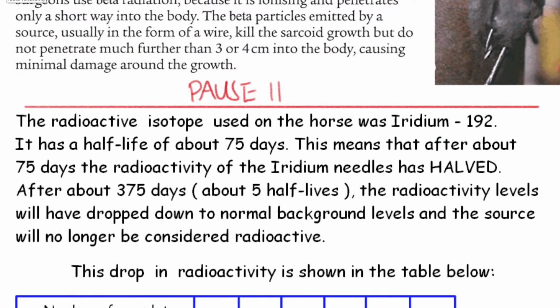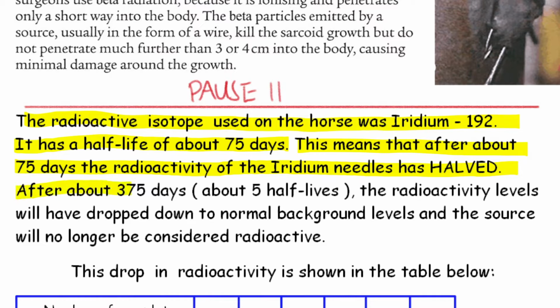Okay, I'm going to take it from below that red line. The radioactive isotope used on the horse was iridium-192. It has a half-life of about 75 days. This means that after about 75 days, the radioactivity of the iridium needles have halved.